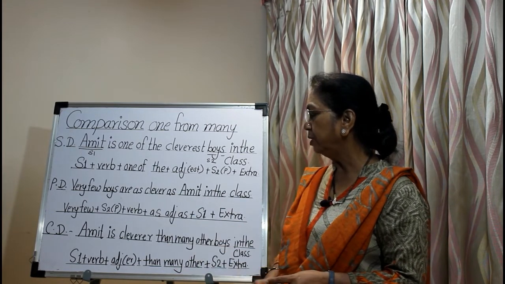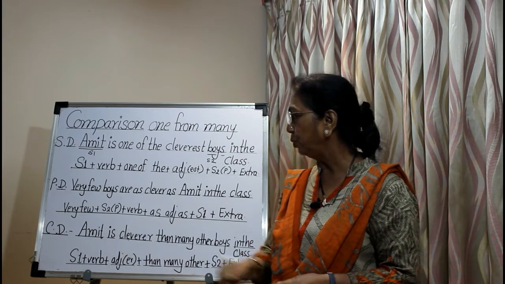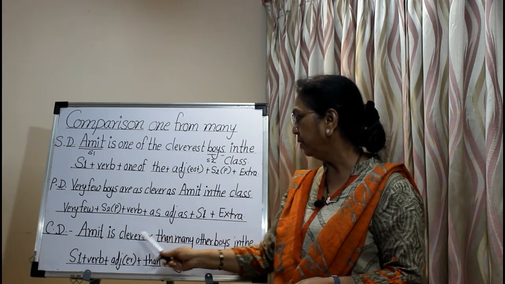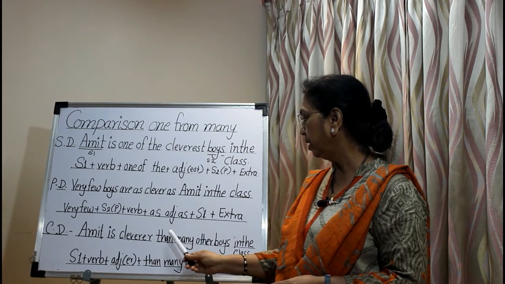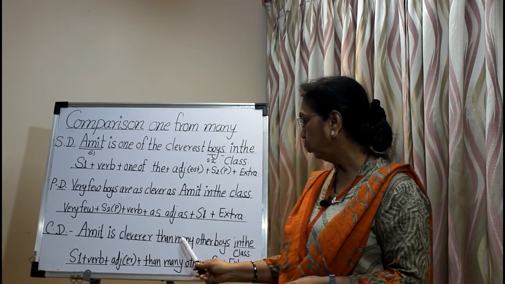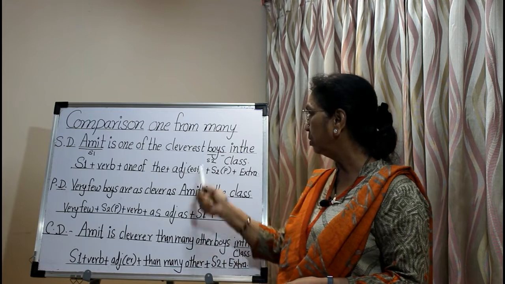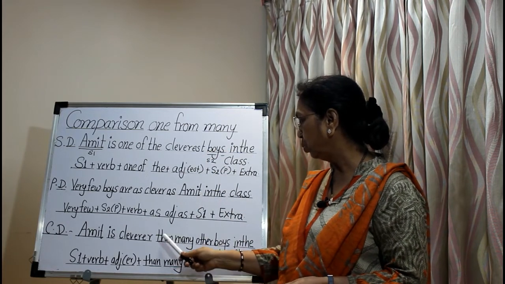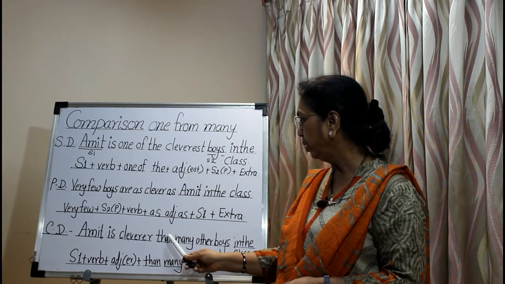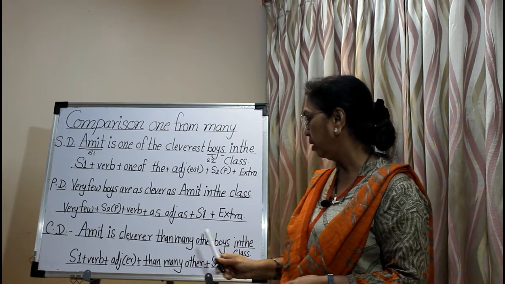Now how to change the same sentence in comparative degree? Amit is cleverer than many other boys in the class. Here instead of any other we use many other because there are few boys like Amit in the class. So in comparative degree we use than many other.